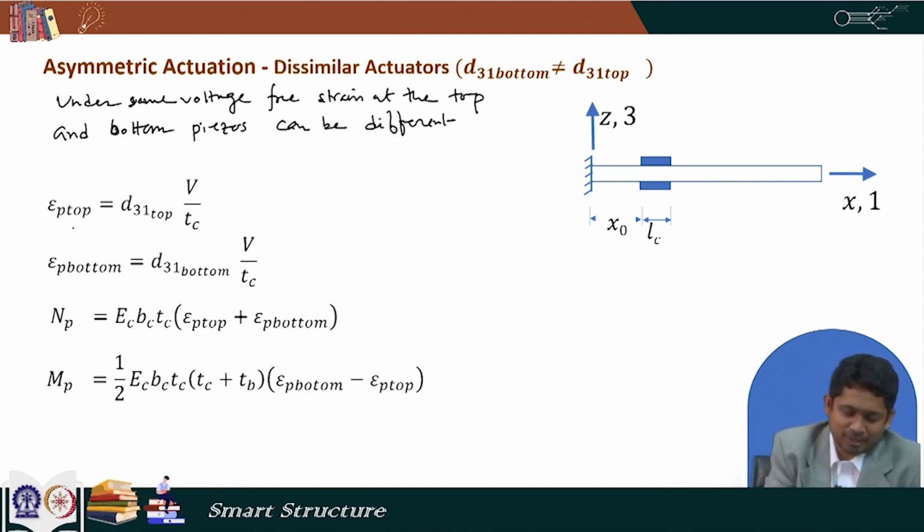So, epsilon P top is the free strain at the top piezoelectric patch, which is this. Epsilon P bottom is the free strain at the bottom piezoelectric patch, which is this.